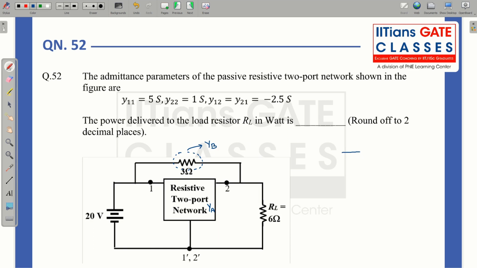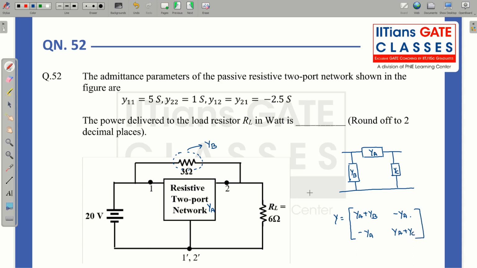So we know that for a pi network having admittances YA, YB and YC, the Y parameter is given by YA plus YB, minus YA, minus YA, YA plus YC.